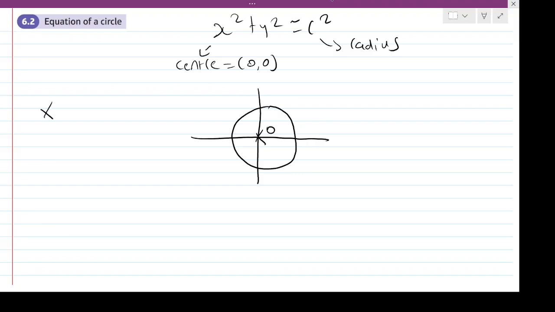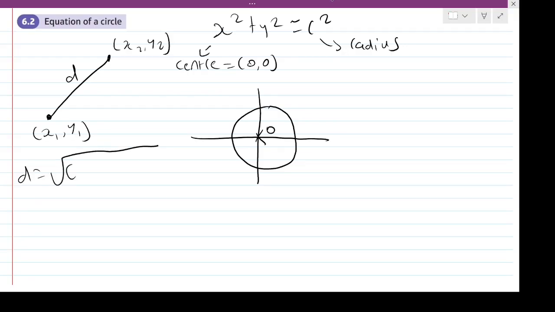If we have 2 points here, and the line between them, say we call this point x1, y1, and this point x2, y2, and we call the distance d, the length of the straight line between the points, then d is the root of the change in x, so x1 take away x2 all squared, add the change in y, so y1 minus y2 all squared.